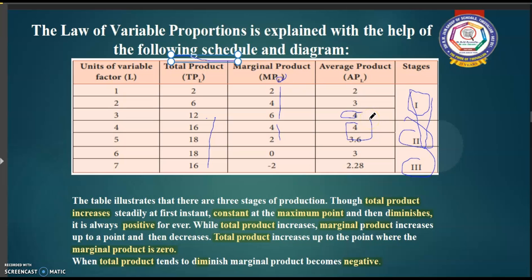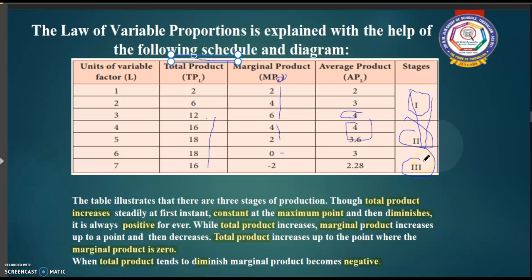So after this, marginal product of labor is lower than the average product of labor. Here you can see, and TPL increases at a decreasing rate here.